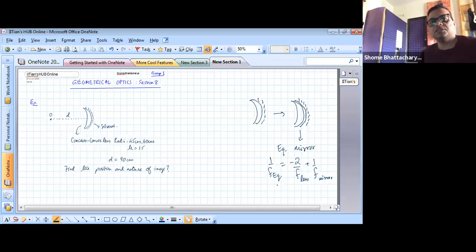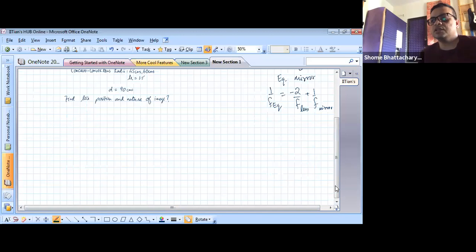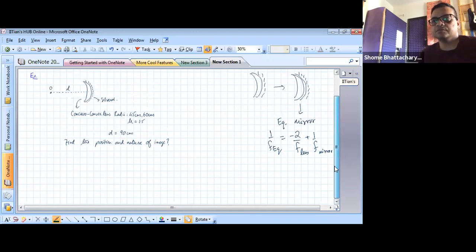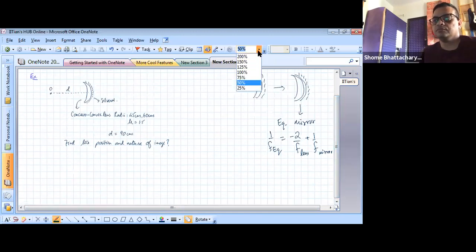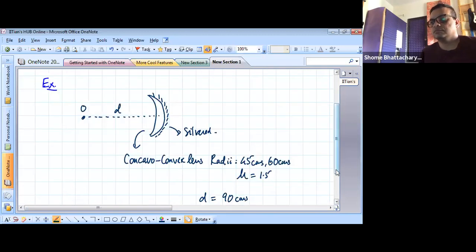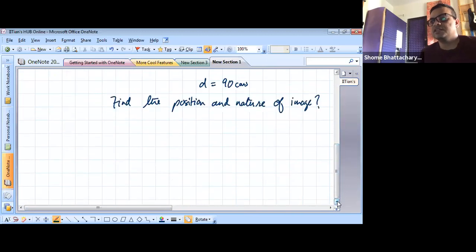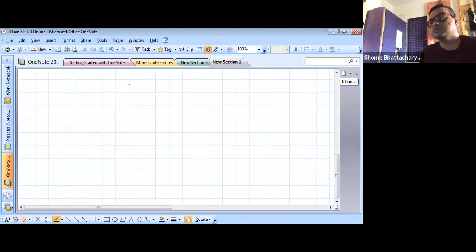Yes, so it's a real image at a position of how much? So first you can tell me how much the equivalent focal length is, by that method. As far as the lens is concerned, it should be 60 centimeters, it should be 45 centimeters.